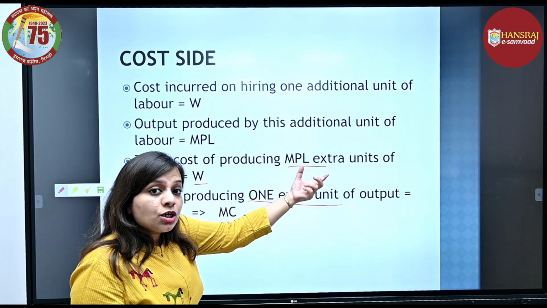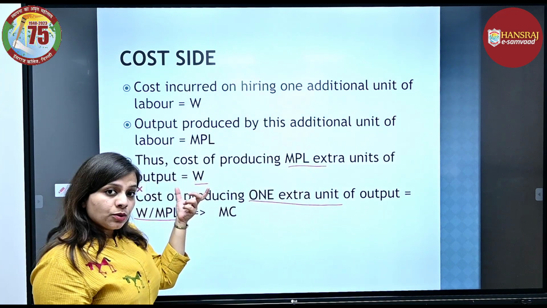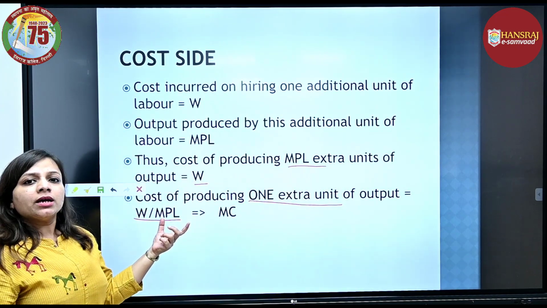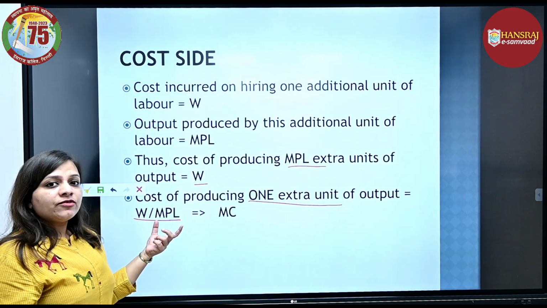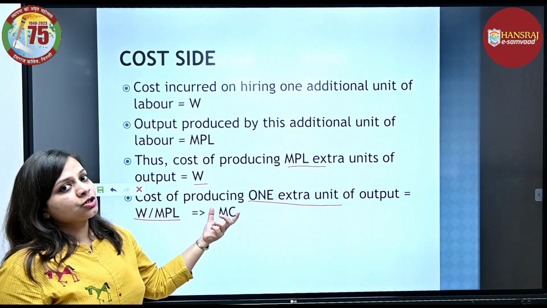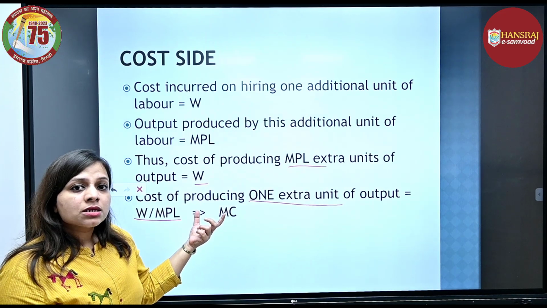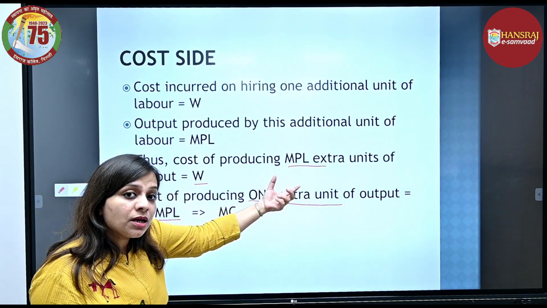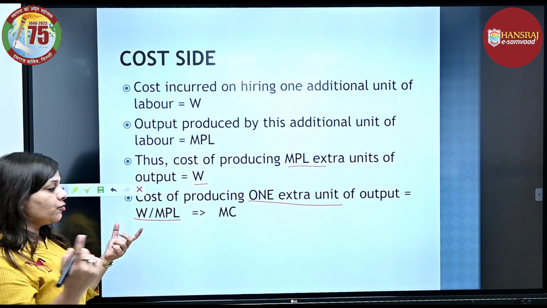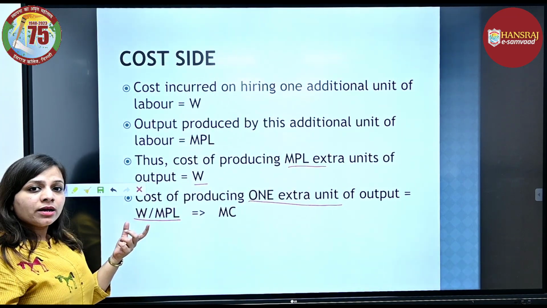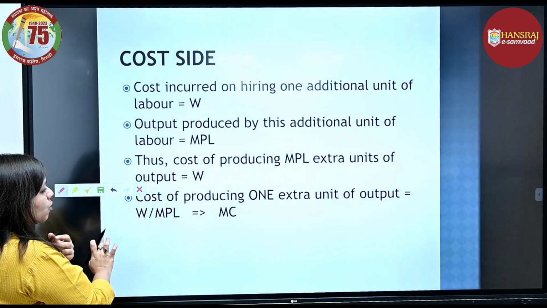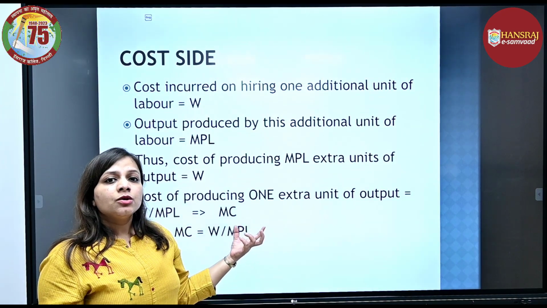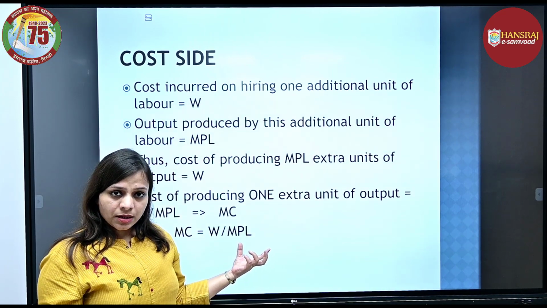So if the cost of making MPL units was W, then the cost of making one unit is W by MPL. And by definition this is nothing but marginal cost. Marginal cost is the cost of producing one extra unit of output. So on the cost side, what you get is that the marginal cost is nothing but wages divided by MPL.